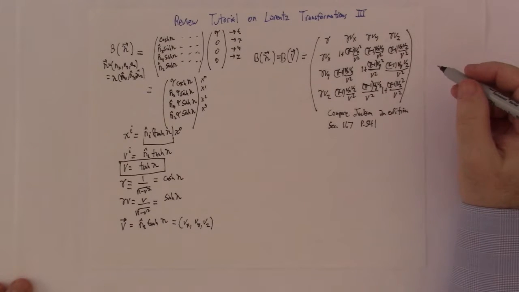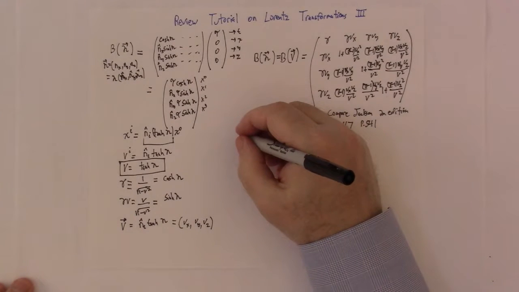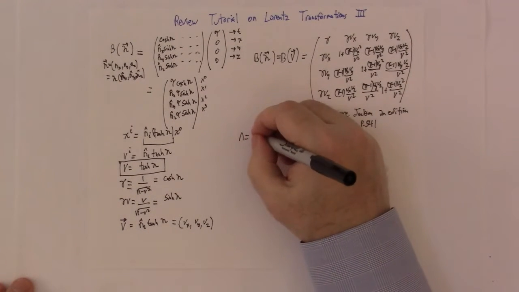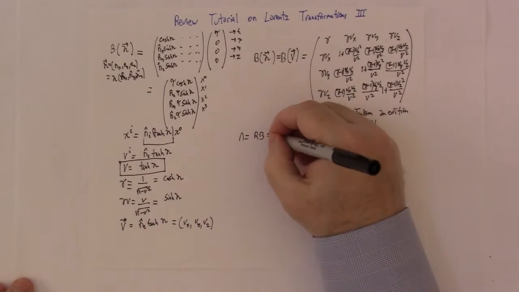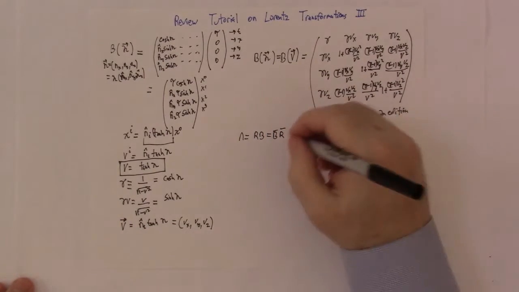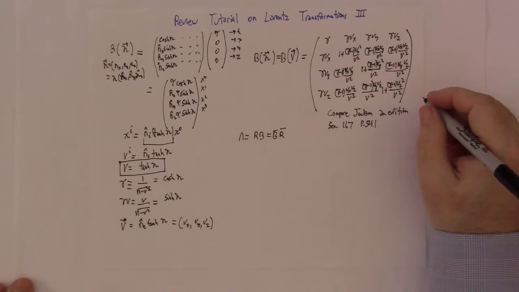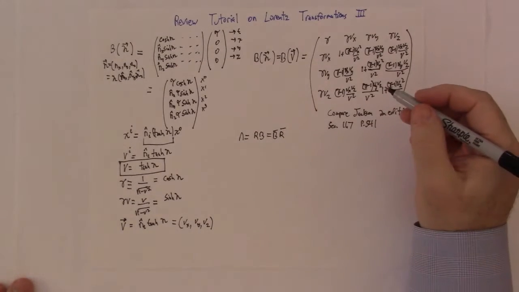I'm using active ones. Okay, so let's get back to that final theorem that I wanted to show, that lambda is equal to RB is equal to B bar R bar, or P prime R prime, uniquely. I'm not gonna show the uniqueness, it's not hard, and I'm only gonna show one direction here.